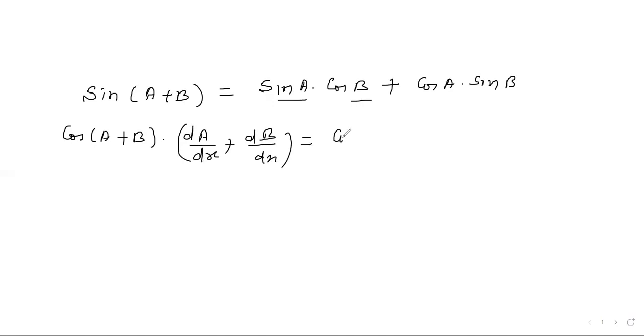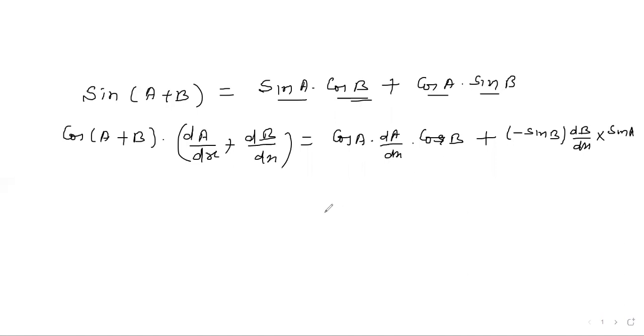So sin A will become cos A times dA/dx, then cos B will be copied, and then we differentiate cos B. That will be minus sin B dB/dx times sin A. Then again we apply the product rule here.